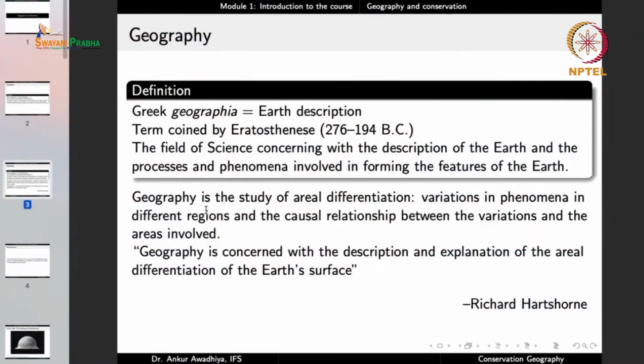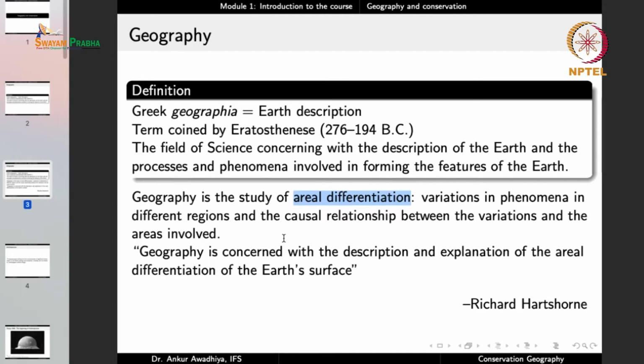We are just looking at a large sized area and we are looking at the different features that are present in those different locations. So we can write it as geography being the study of areal differentiation over an area, or variations in phenomena in different regions and the causal relationship between the variations and the areas involved.